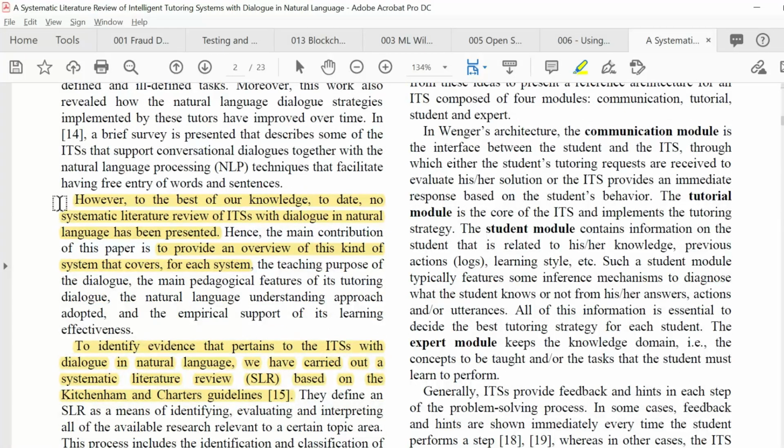And then they conclude, however, to the best of our knowledge, to date, no systematic literature review of ITS with dialogue in natural language has been presented. Hence, the main contribution of this paper is to provide an overview of this kind of system that covers each system, and they then mention the different types of systems.